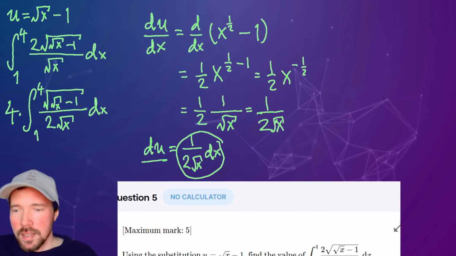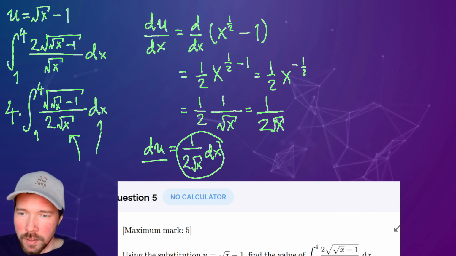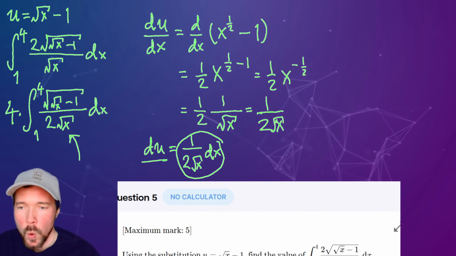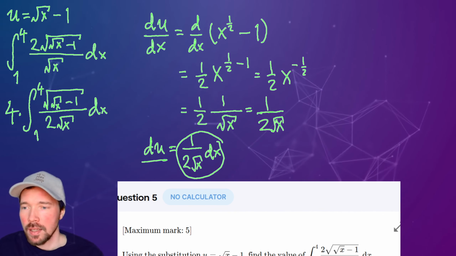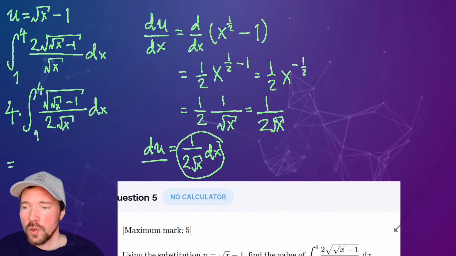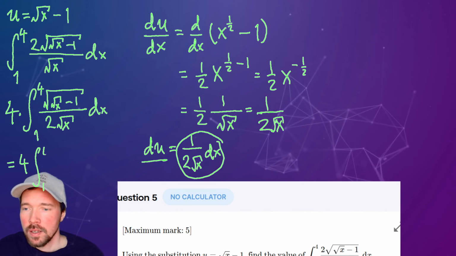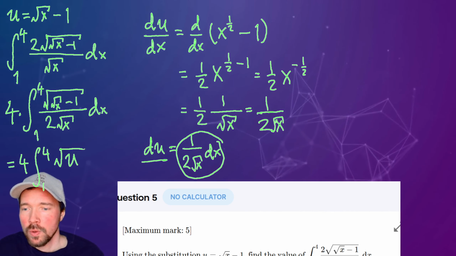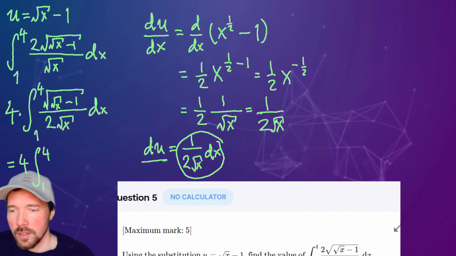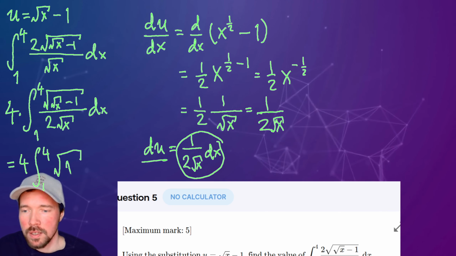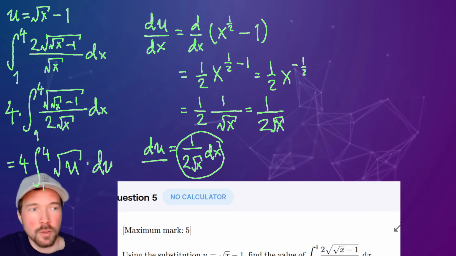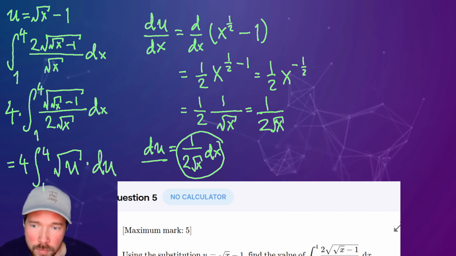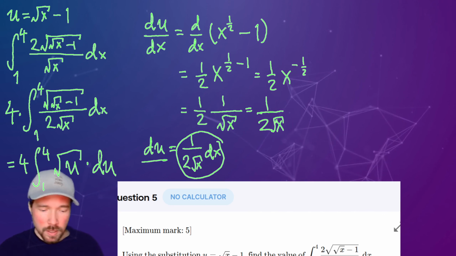And now we can see that this together with this is the differential. So basically now it's easy to substitute 4 times, and then we have square root of u. I don't even need to do this. It's just going to be this times du. So this is the thing I have to calculate, and afterwards I'll just put back whatever u is.